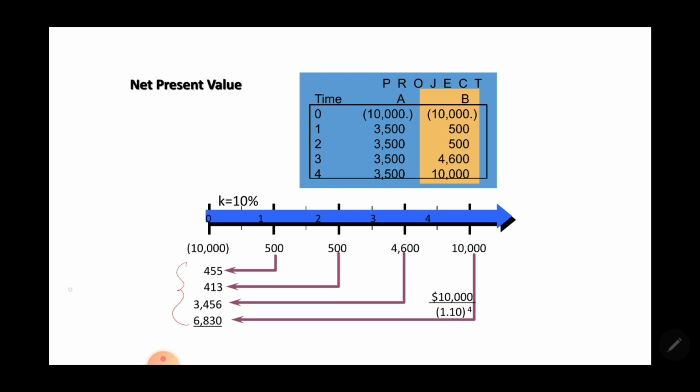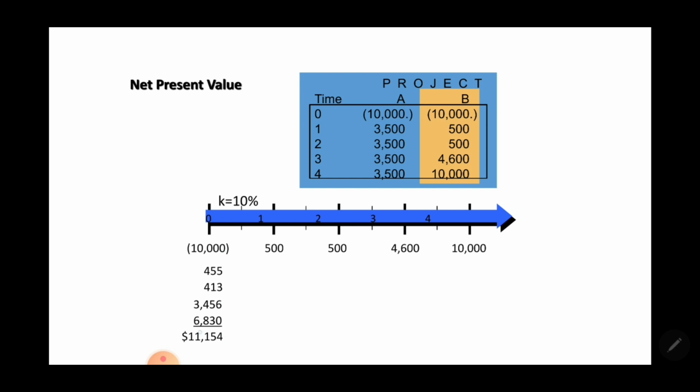This is the present value of cash inflows, and you sum all of them up. The answer, 11154, is the sum of the present value of cash inflows.